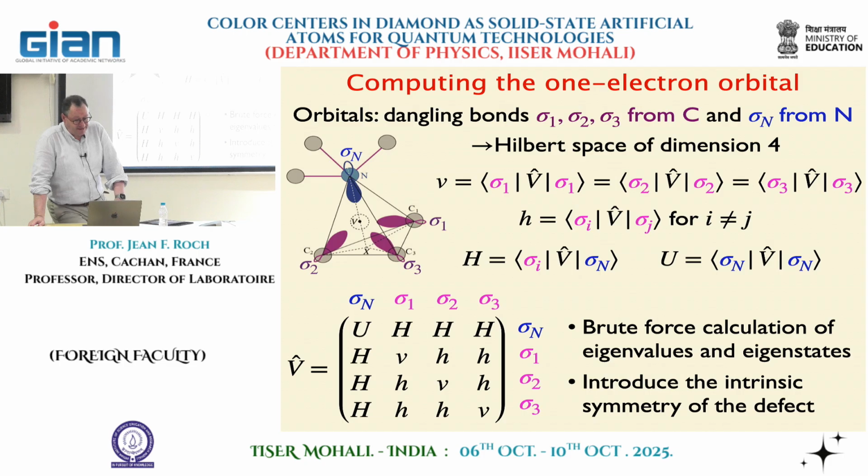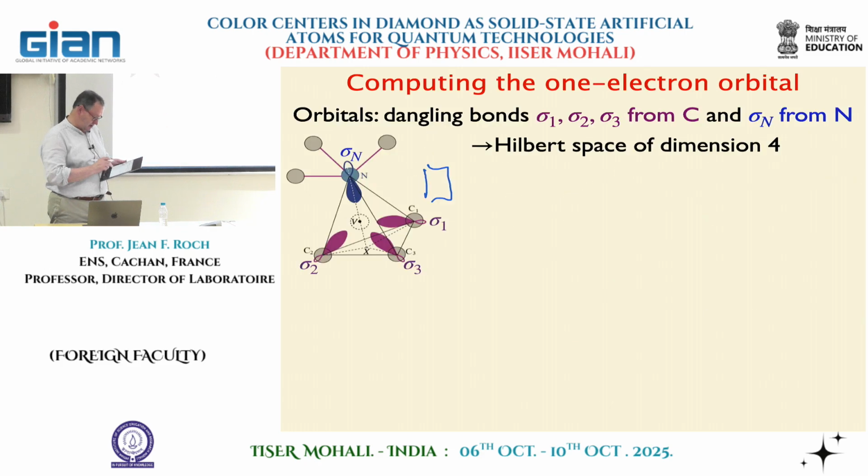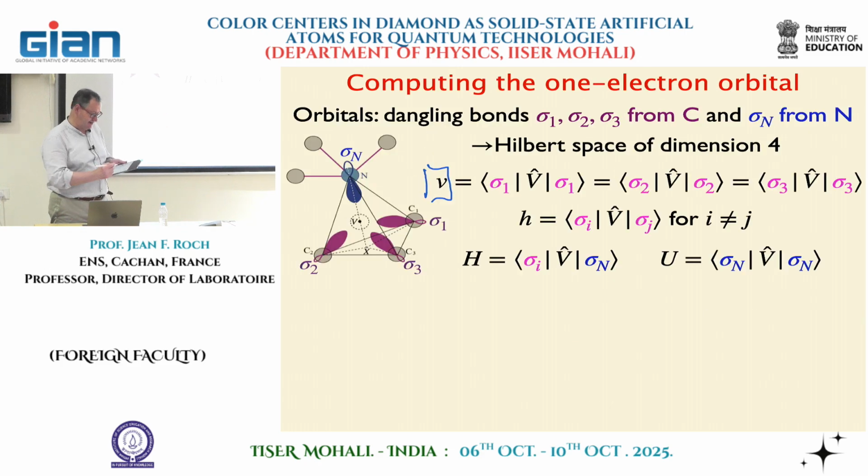Okay. So if I do that, you see that basically I have four types of parameter. That parameter is a coupling between sigma 1 and sigma 1 with the nuclear potential, or sigma 2 and sigma 2, and sigma 3 and sigma 3.